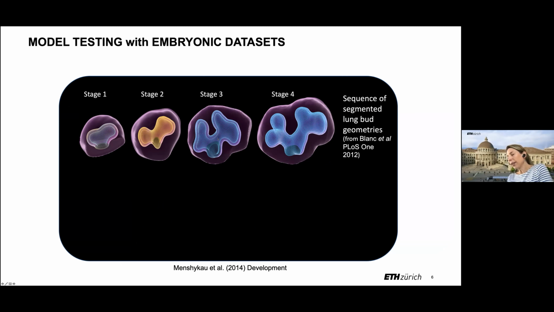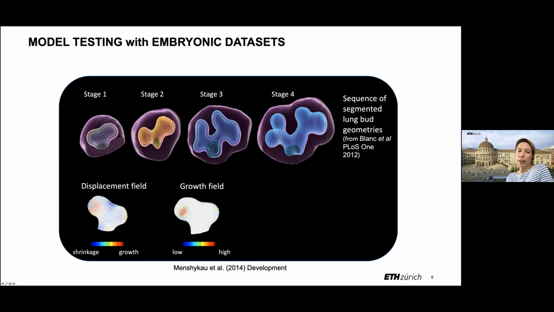You see that over time, which comes from different embryos, but it's so stereotypic that we could just combine that series. What we then did was calculate the displacement field between consecutive stages, and we extracted the growth field as the vector field that is outward pointing.